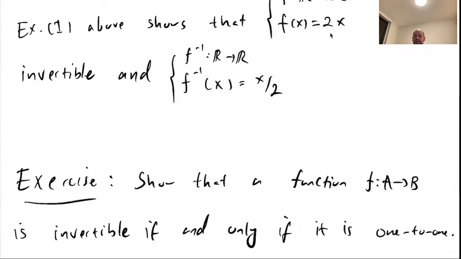So this is an if and only if exercise, and you have to prove two things. One time you assume that your function is invertible and then show that it has to be one-to-one. And then the second problem, you assume that your function is one-to-one and show that it has to be invertible. So there are two things that you have to prove.